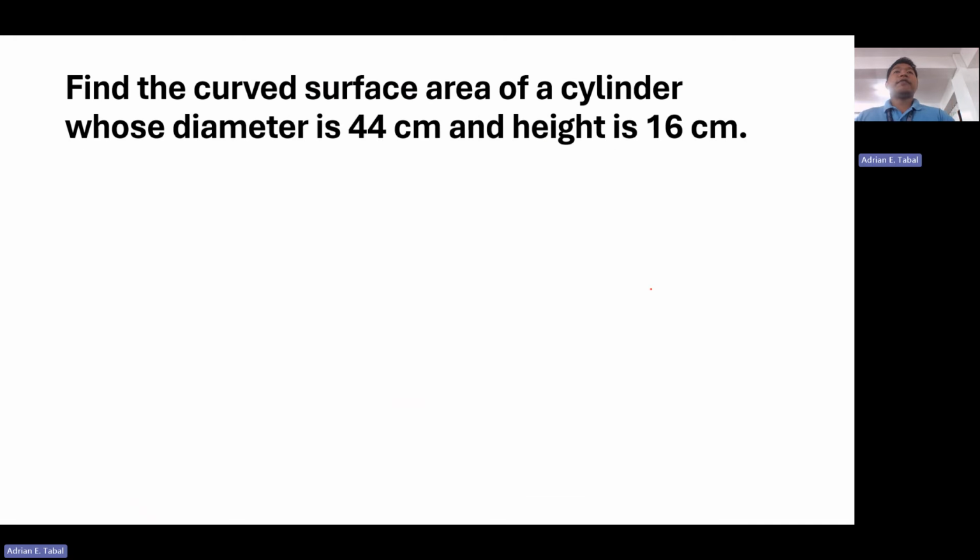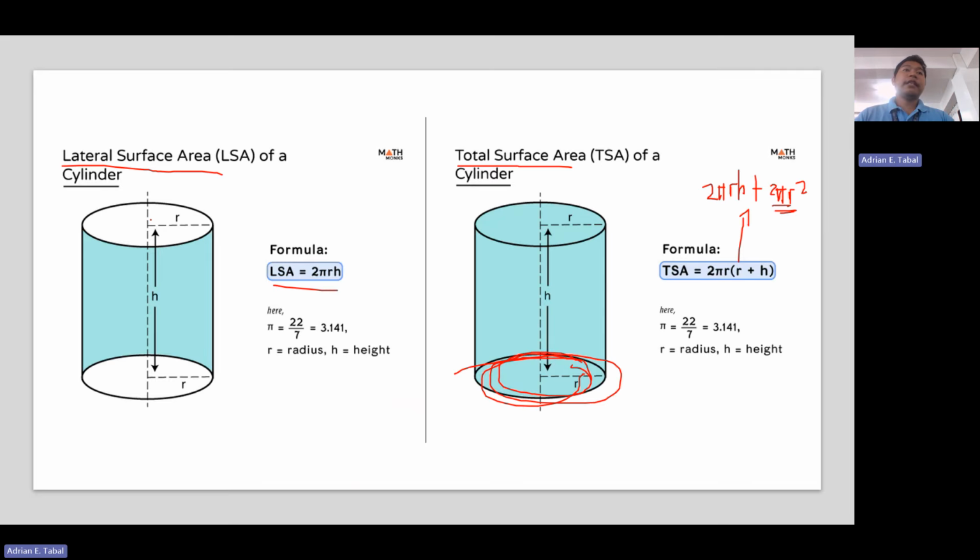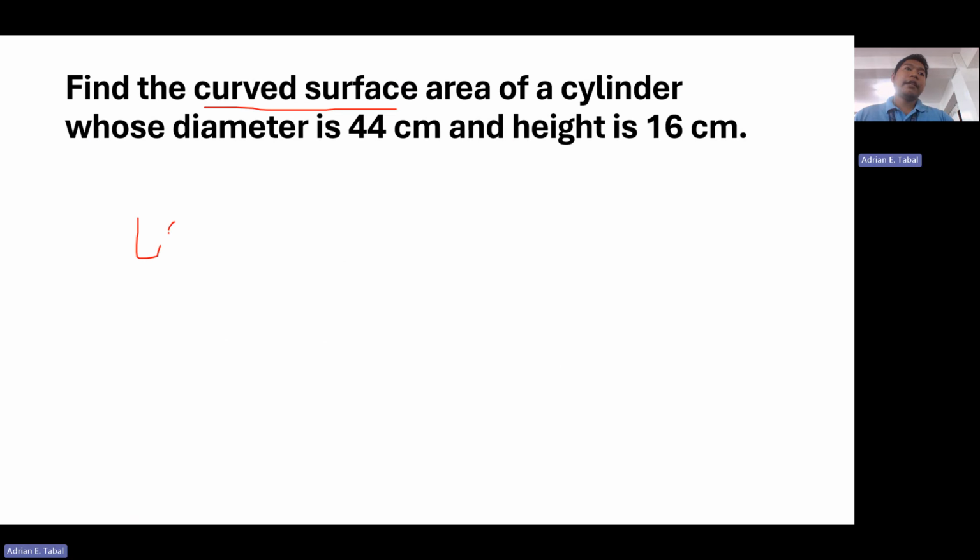Example, find the curved surface area of the cylinder. So again, we're going to find the curved surface area, or so we say the lateral surface area, LSA, which is equivalent to 2 pi rh. And since this is the diameter, we all know diameter is twice the radius, so our radius will be 22 cm.